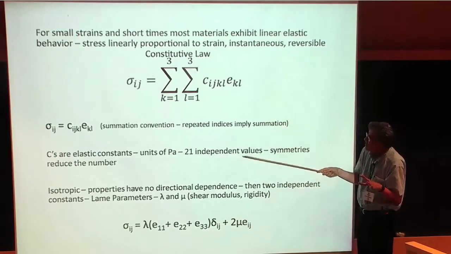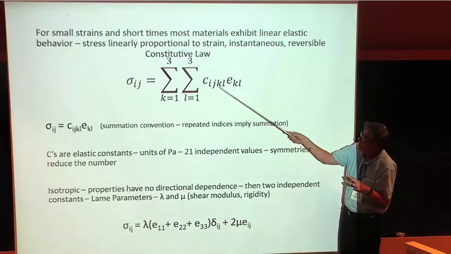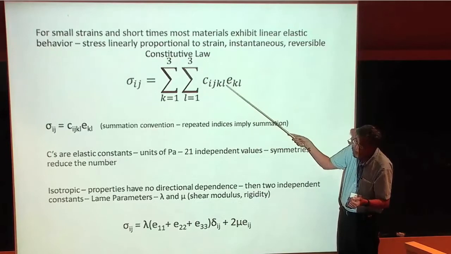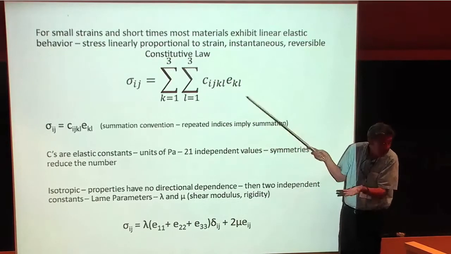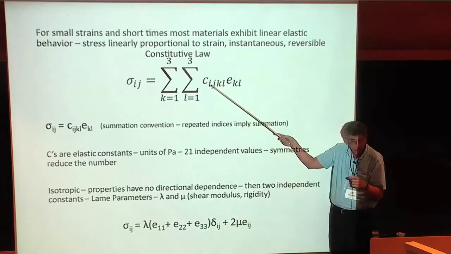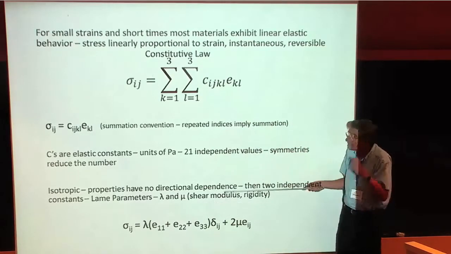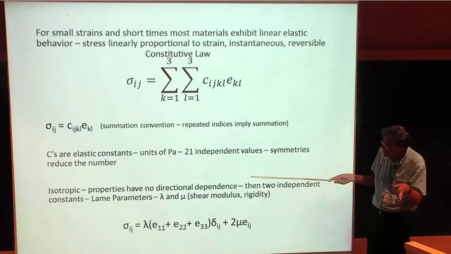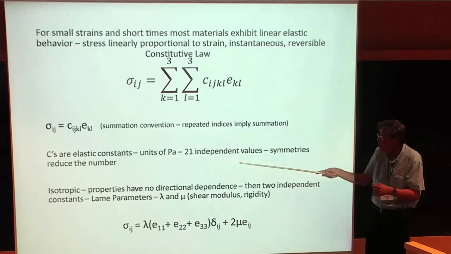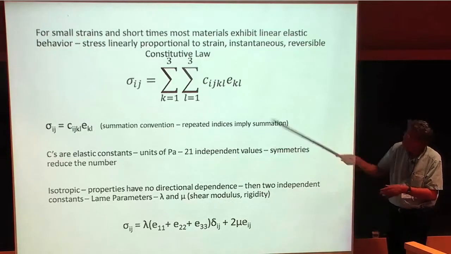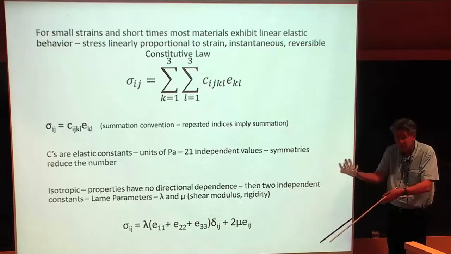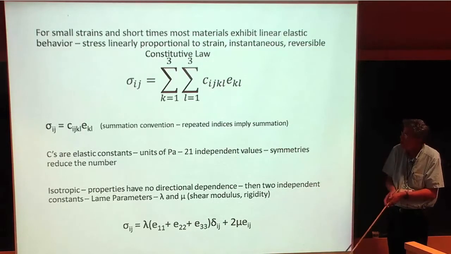And therefore Cij12 better be the same as Cij21 because they're multiplying the same thing basically. So there's a lot of symmetries in these 81 different C's. In fact, it turns out that in the worst case scenario, the least amount of symmetry possible, you have 21 independent values for these elastic constants. That's related to the crystal structure of the rock or the mineral that you're looking at, as well as the temperature, etc.